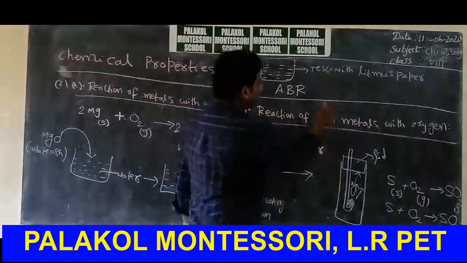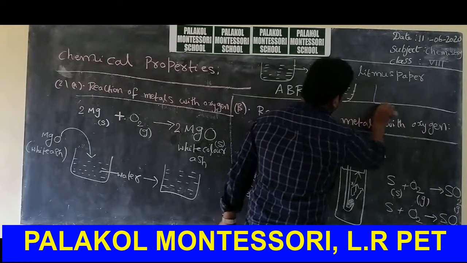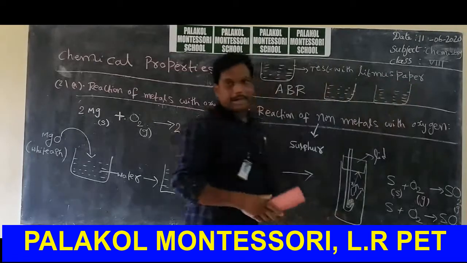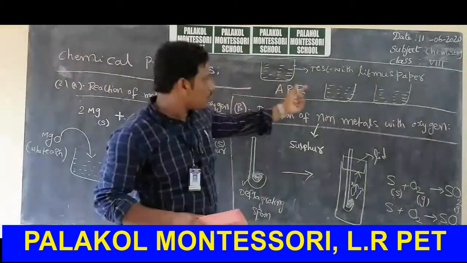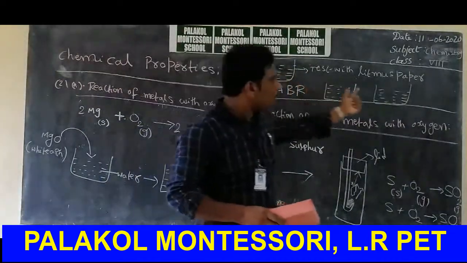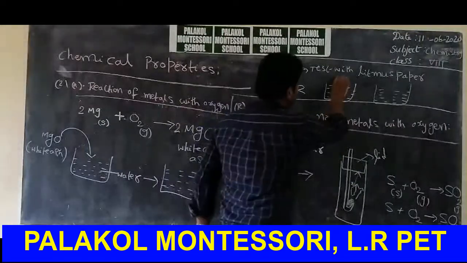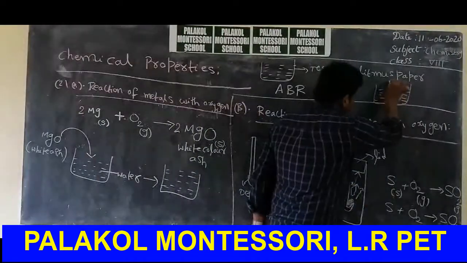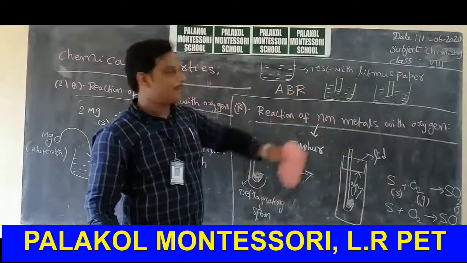Okay, take some of this solution in one beaker and the remaining solution in another beaker. Take two types of litmus paper. One is blue litmus paper, dip it in this solution. Another is red litmus paper, dip it in this solution to test for acid or base.